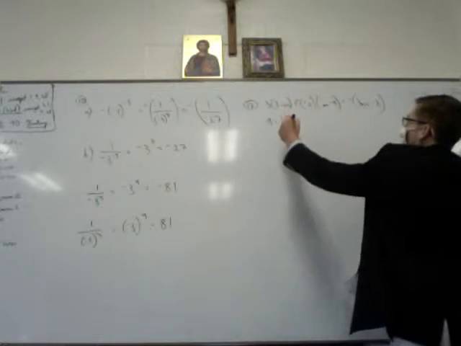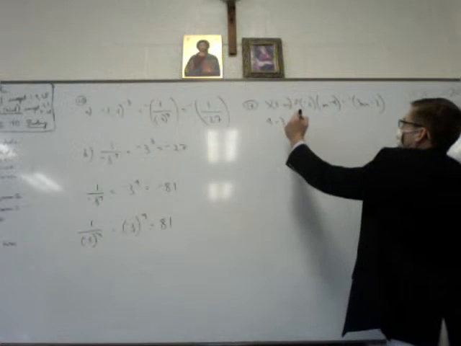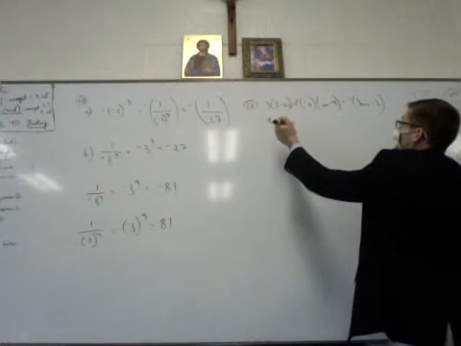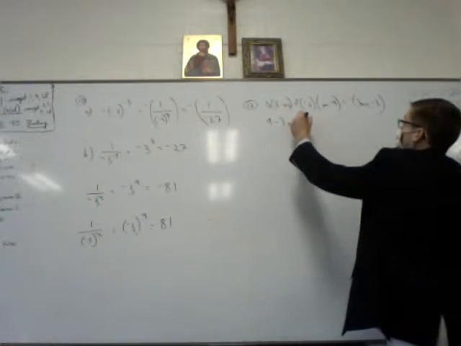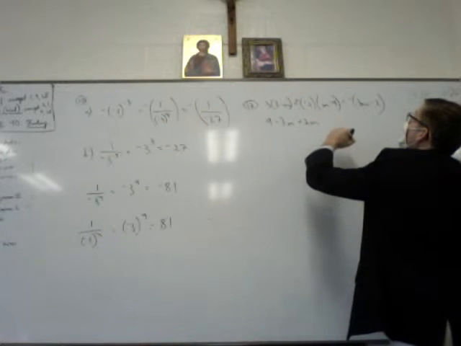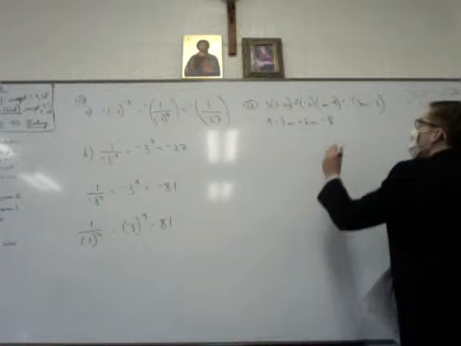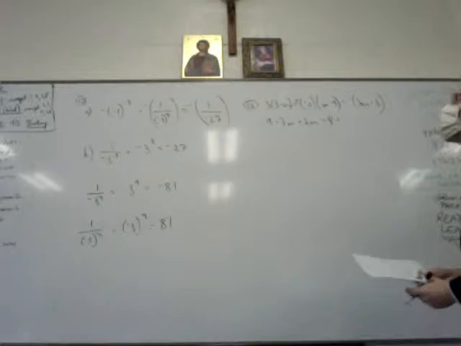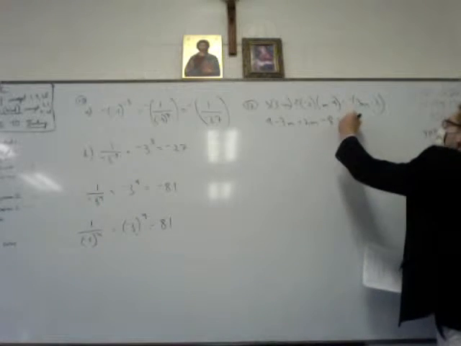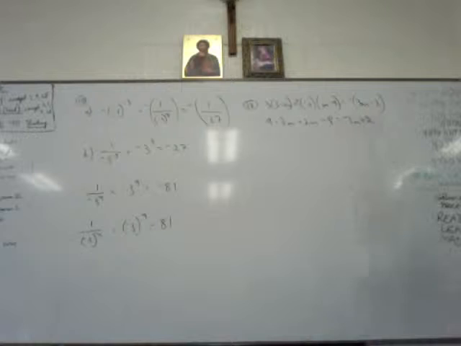What are we going to get when we distribute this? Plus 2m minus 8, equals negative 3m plus 2.